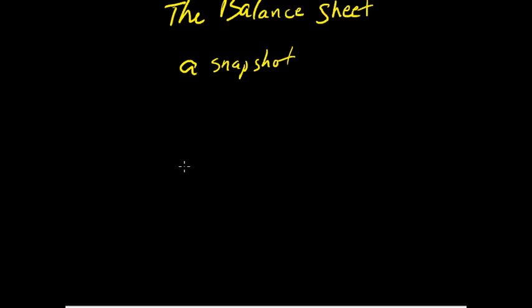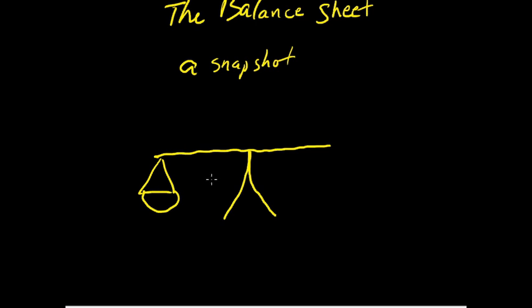Now, the balance sheet is called a balance sheet because on a balance sheet, the assets of a business and the sum of the business's liabilities and equities balance. So you've seen this scale before. So here we have a scale, and that scale balances as well.